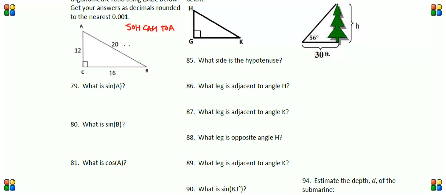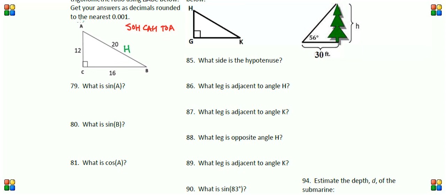Well, we know that this side of our triangle is always going to be the hypotenuse. It's the longest side. It's also the side that is opposite the right angle. We could also describe it as the side which does not touch the right angle. This side of the triangle touches the right angle, and this side touches the right angle. So AB is the hypotenuse.